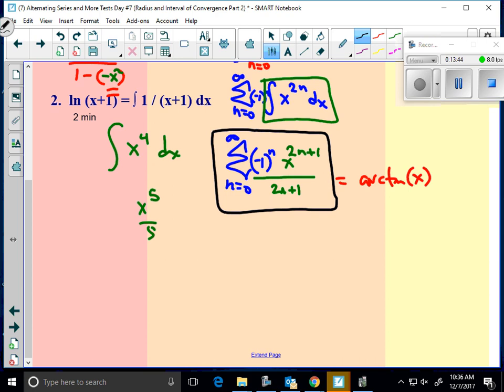The arctangent of square root of 2 over 2 is 1, right? Because the sine and the cosine are the same. So if I plugged root 2 over 2 in right here, as I go to infinity, what would that equal? 1. Sick. Okay, that's probably enough for today. You're not tested on this.